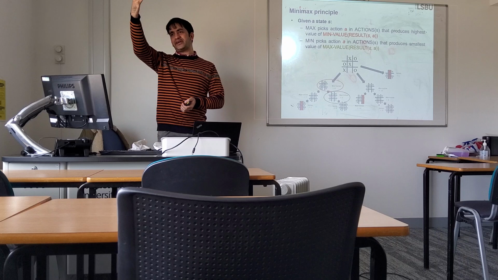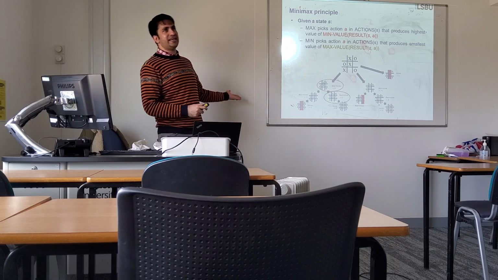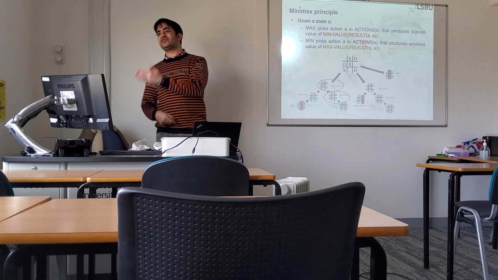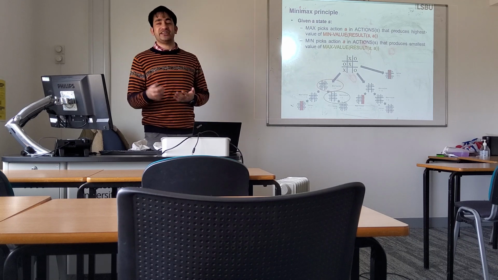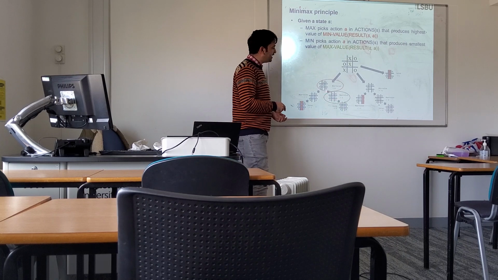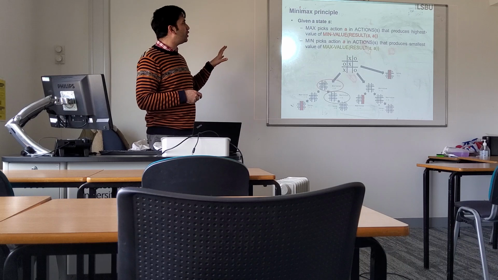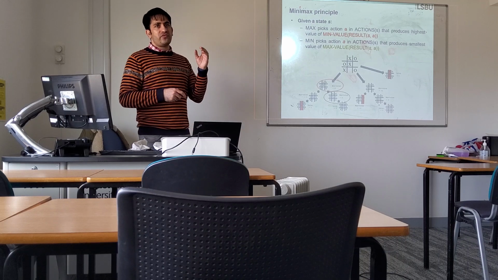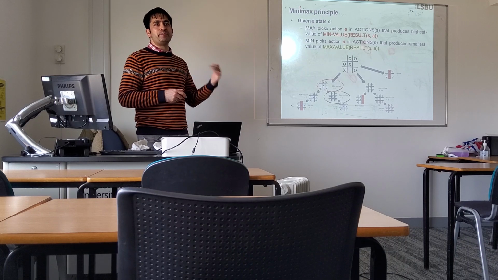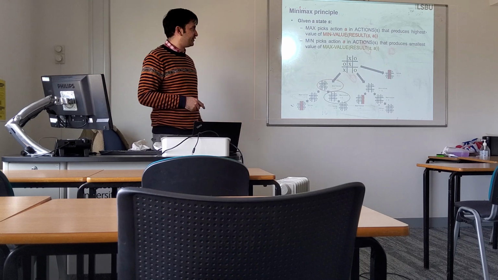But from the perspective of the max function, the highest value is 0, because it wants to push it towards itself so that it can maximize its profit. And the same goes here. So the min-max function will always work on the value of the move that can maximize or minimize, depending on whichever player it is.